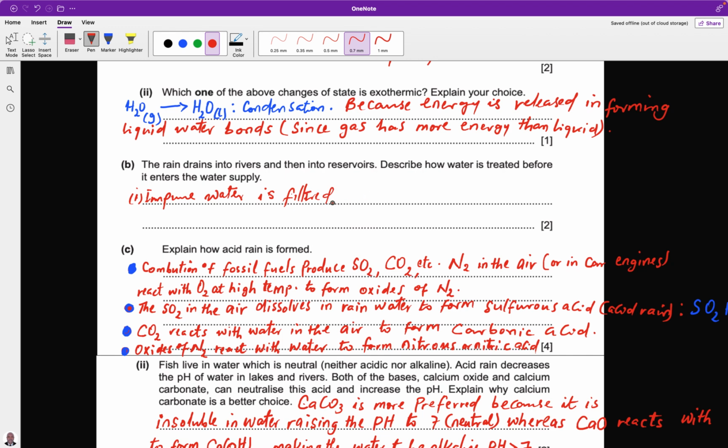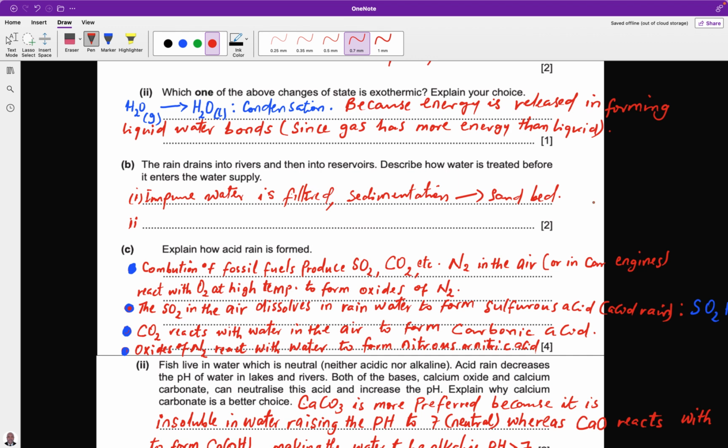Then, followed by what? Sedimentation. Filtered by sedimentation. Then, to what? Sand bed. This now is followed by what? That is sedimentation to sand bed, removing all the small particles.